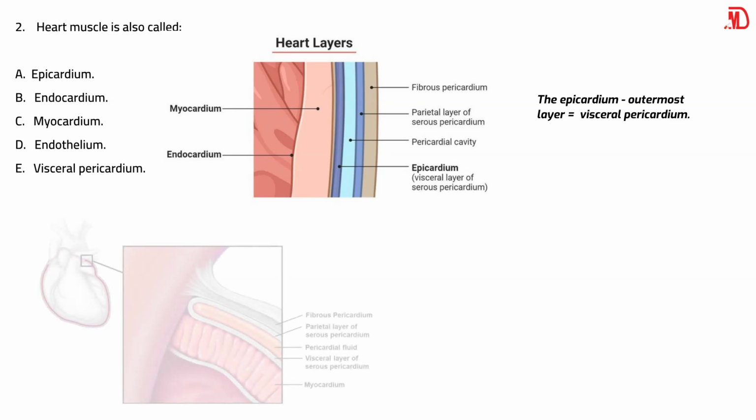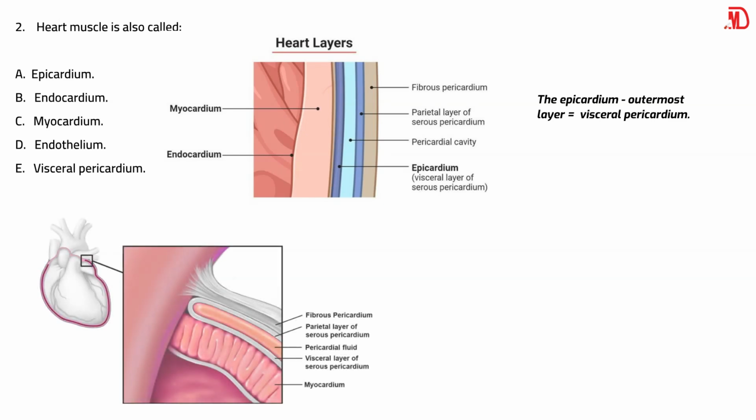Now, the pericardium is the outside layer that does not compose part of the heart. It houses fluid that reduces friction to the heart and protects it as it pumps.